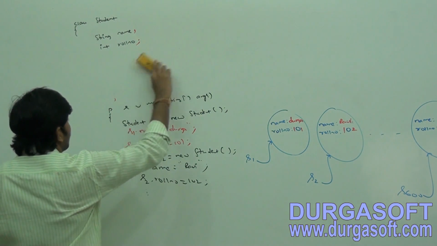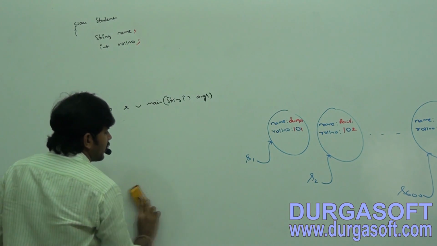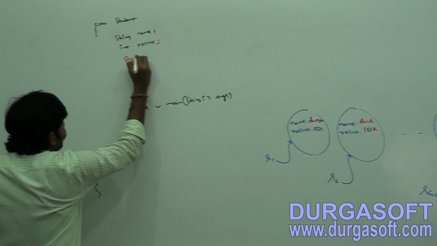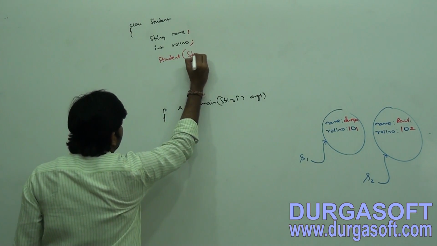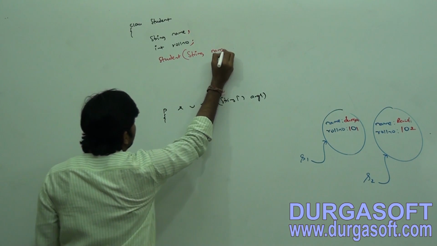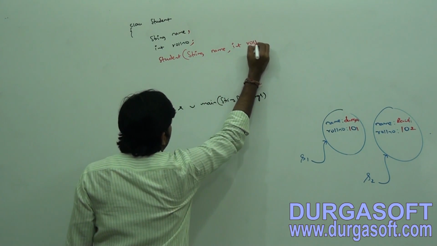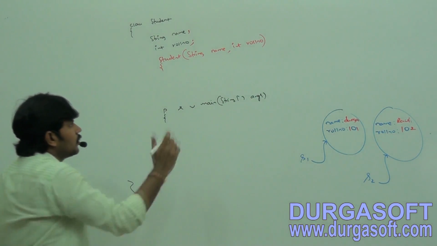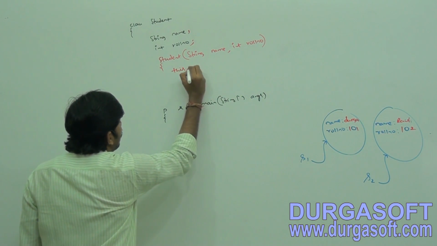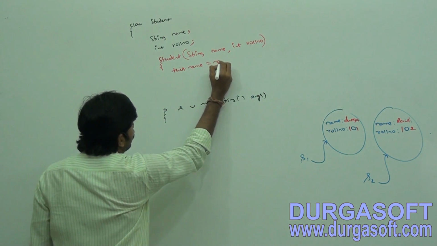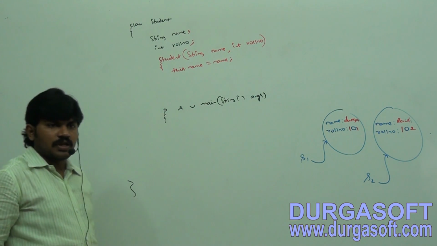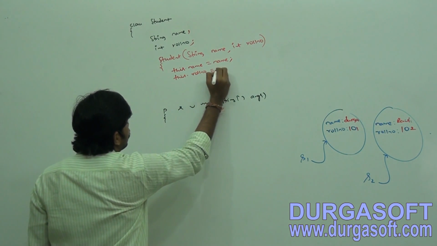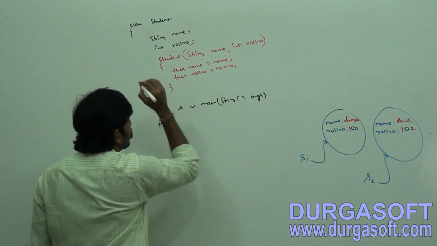Listen very carefully. Now I want to run the show with the constructor concept. Student(String name, int rollNumber). this.name = name. this.rollNumber = rollNumber.